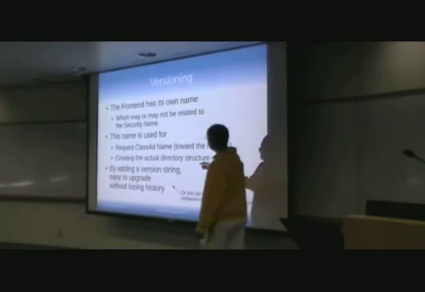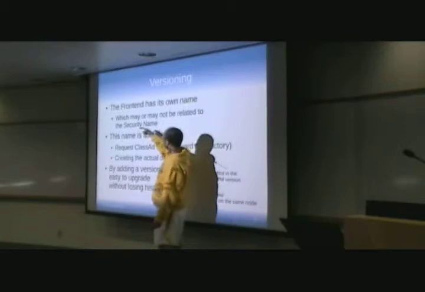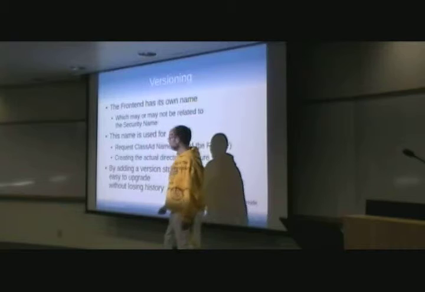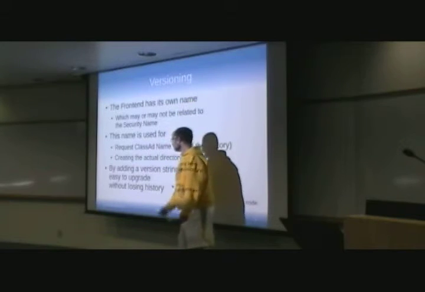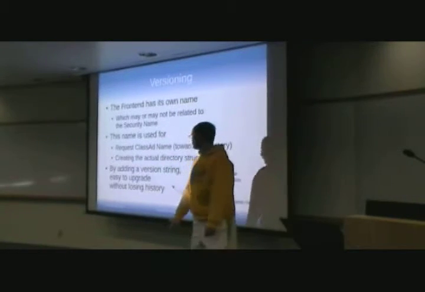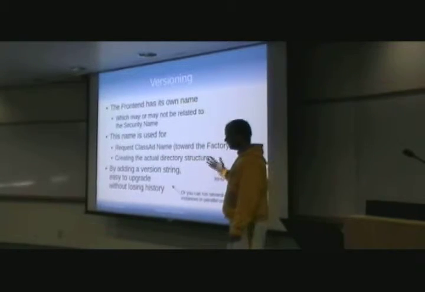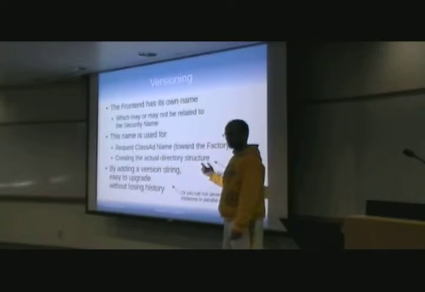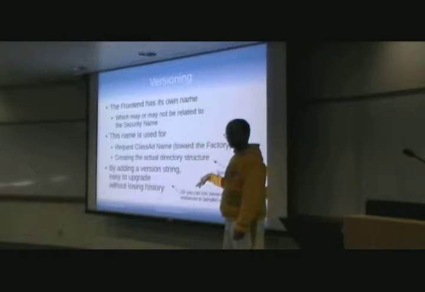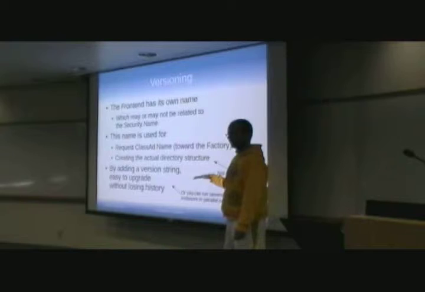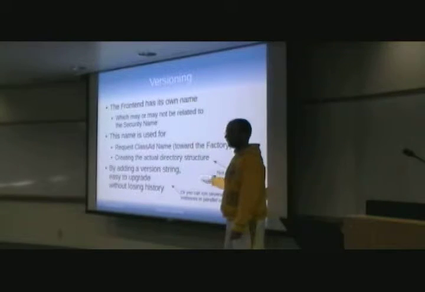The reason why we usually don't use the same security name as the frontend name is because it makes it easier to do upgrades. Sometimes you go from one front end to another that are not completely backward compatible. You do a major upgrade from one version of glideinWMS to another, and you cannot just upgrade in place.